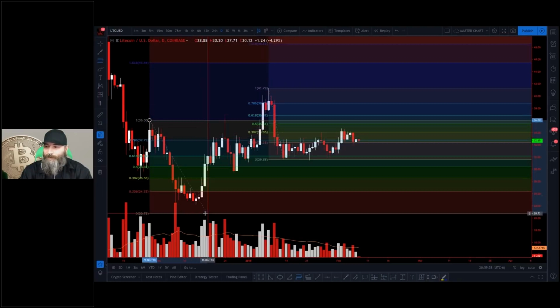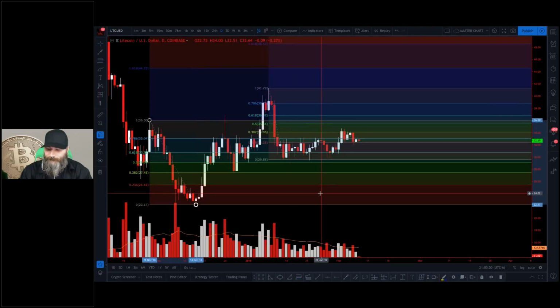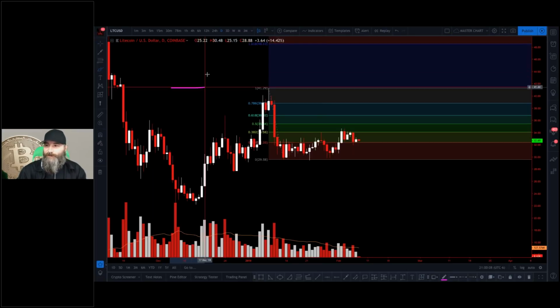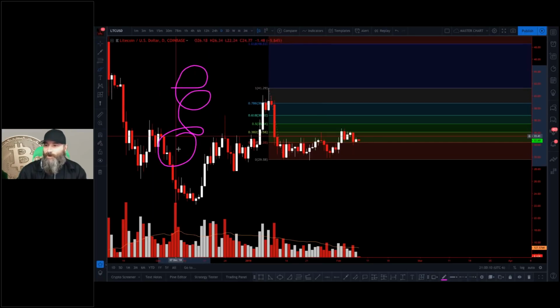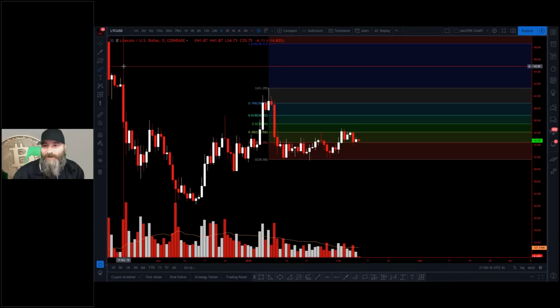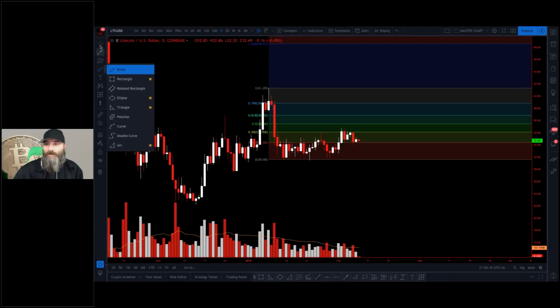See how it snapped over there, and then it snapped back? So very easy, magnet tool. It's very cool. It's almost always on. I turn it off if I have the brush, because it makes drawing absolutely impossible since it tries to stick itself to every candle. That's a horrible thing.